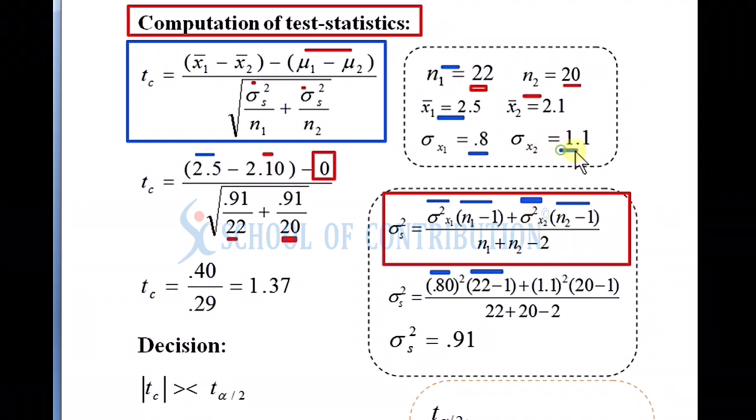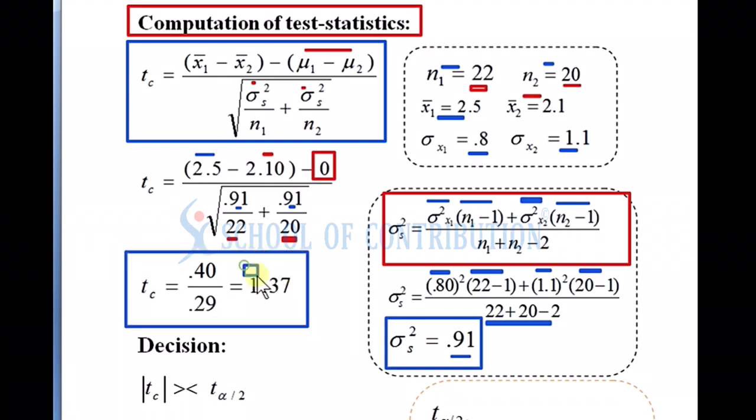Then the second sample standard deviation 1.1, we square it and multiply with 20 minus 1, then divide by n1 plus n2 minus 2, that is 22 plus 20 minus 2. If we compute this value we get a combined variance of 0.91, and we put 0.91 in both places. Once we simplify, the calculated value of t is equal to 1.37.